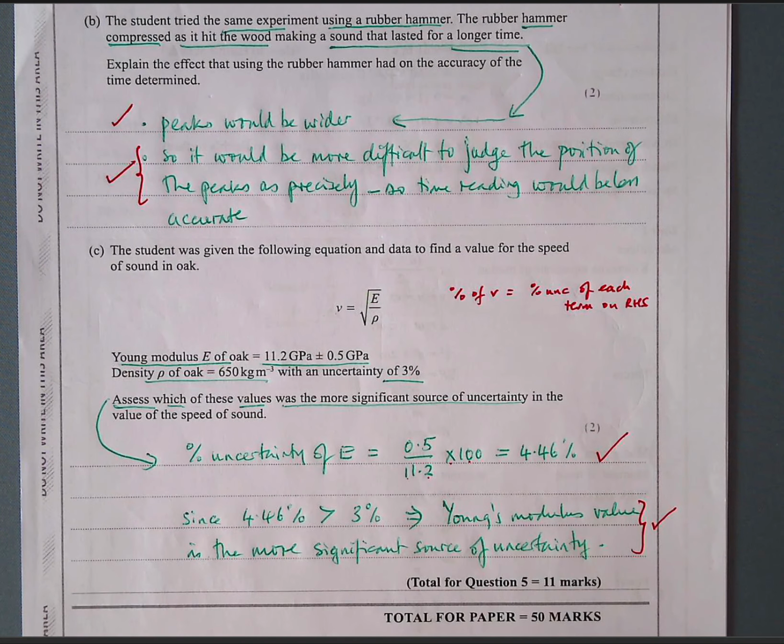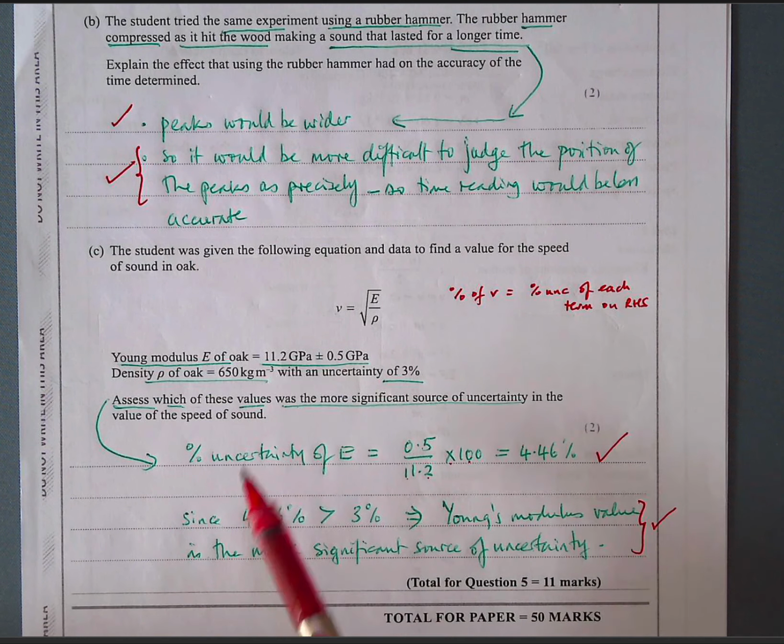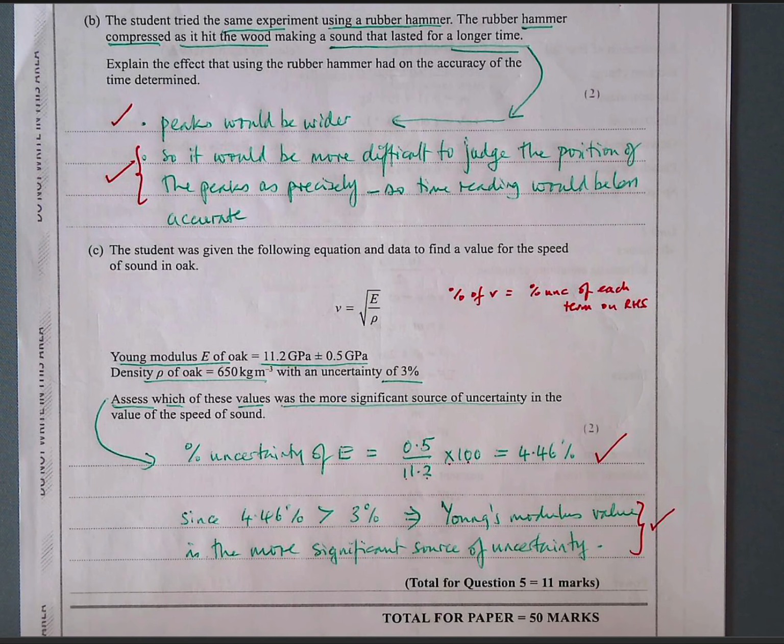So they both contribute a percentage uncertainty to the final answer. And this is a simple treatment of uncertainties, but you do need to look at more questions to be able to see the scope of the uncertainty questions that they give you.